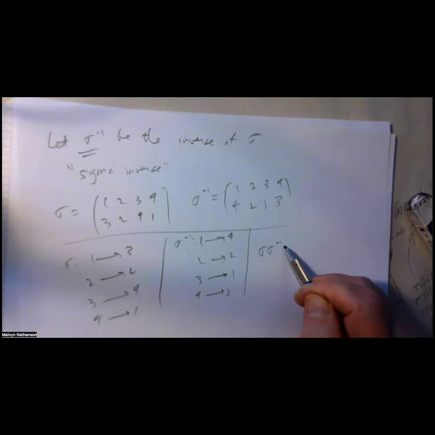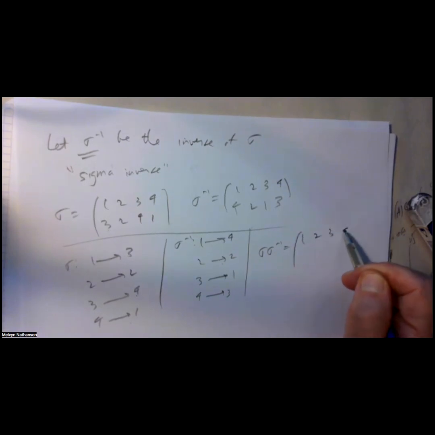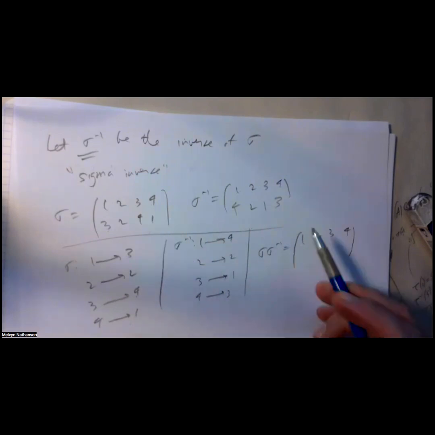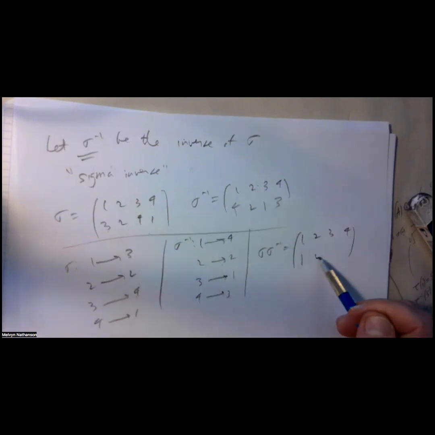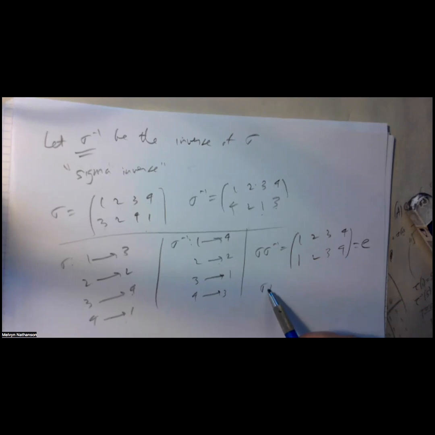That's how we calculate sigma inverse. And if we actually compute sigma composed with sigma inverse, what is that? 1 goes to 4, and 4 goes back to 1. 2 goes to 2, and 2 goes to 2. 3 goes to 1, and 1 goes to 3. 4 goes to 3, and 3 goes to 4. So this is just the identity, right? Sigma sigma inverse is the identity.